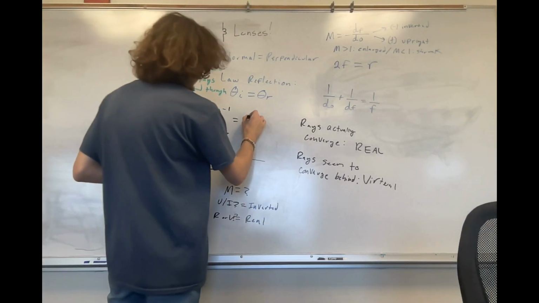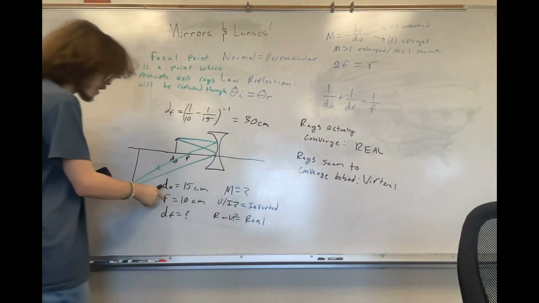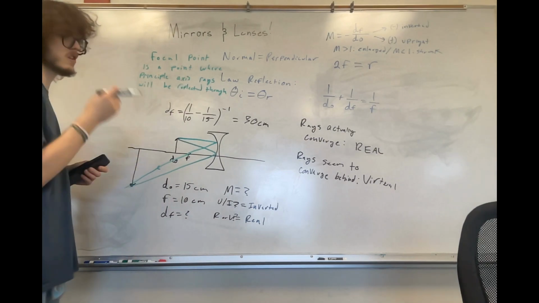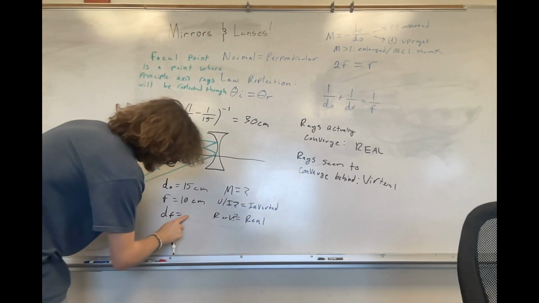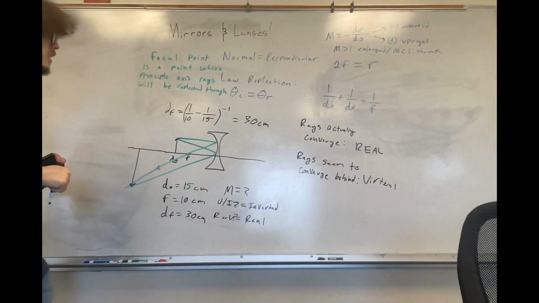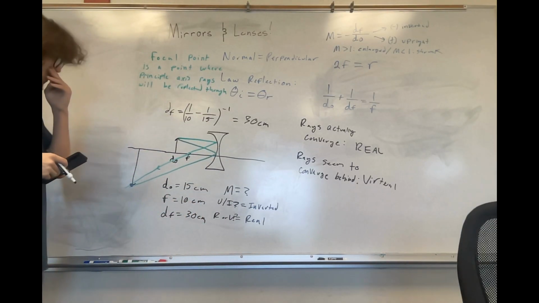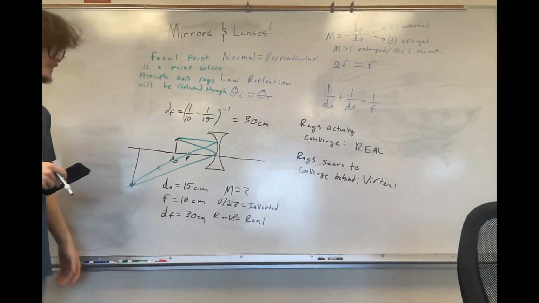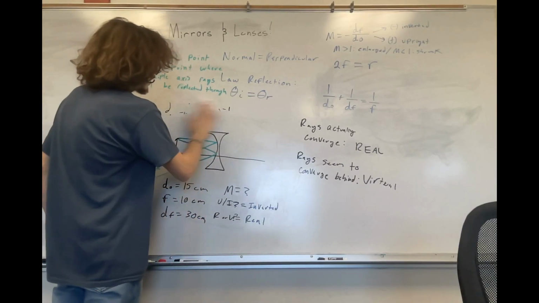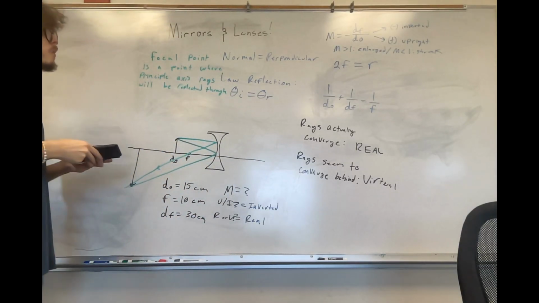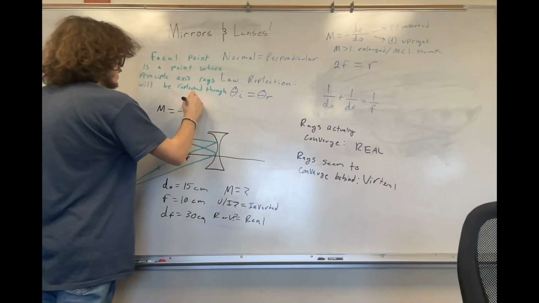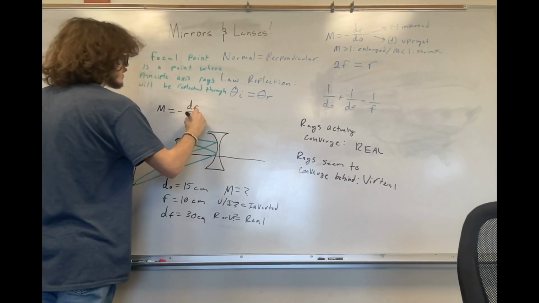Okay, it turns out we get 30 centimeters. So our image is twice the distance of our object distance. So kind of an interesting thing here that we found. Nothing too crazy. But yeah, it's 30 centimeters away. Now let's consider the magnification. So what would that be? Well, magnification, like we said, is equal to negative df over d naught.